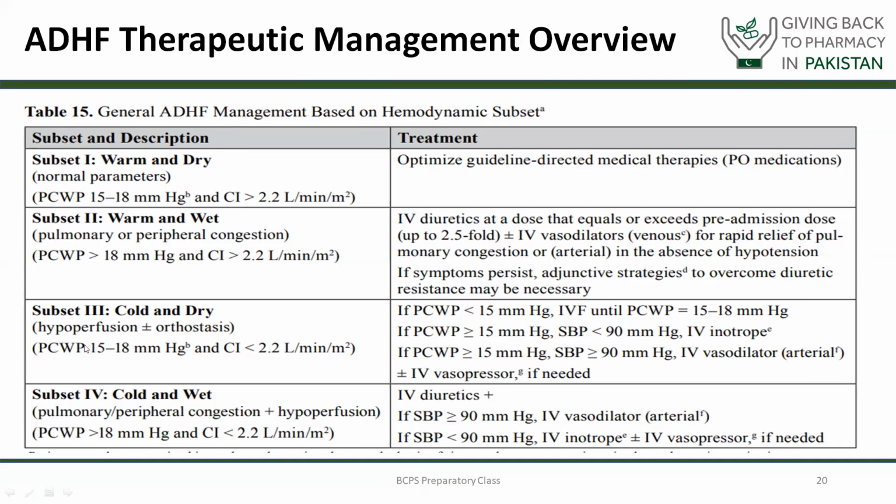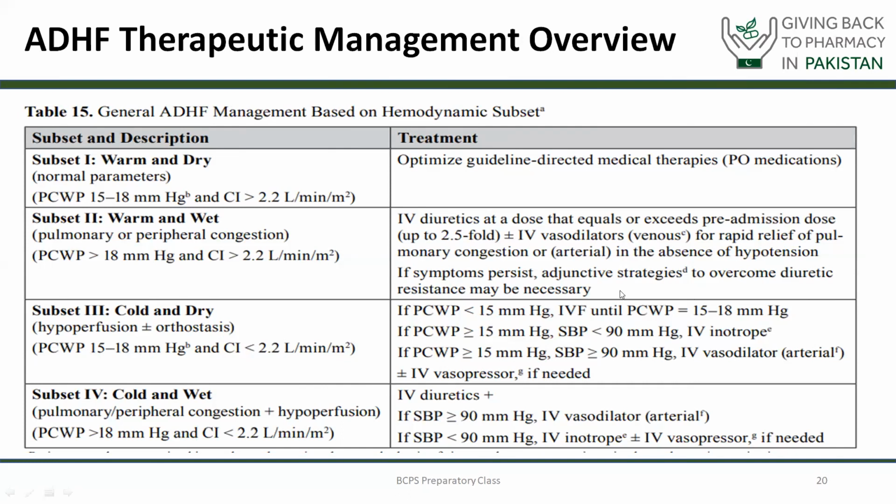Subset 3, cold and dry: hypoperfusion with or without orthostasis. PCWP is 15 to 18, which is normal, but cardiac index is less than 2.2 liters. Now here you have to evaluate the patient very carefully, because in subset 3, if PCWP, pulmonary capillary wedge pressure, is less than 15 millimeters of mercury, it means that the patient does not have enough volume in the blood.